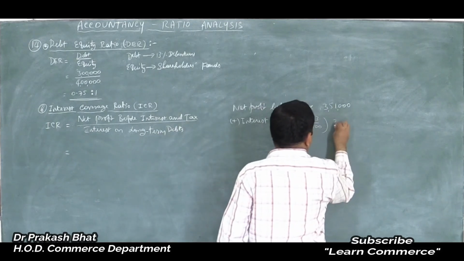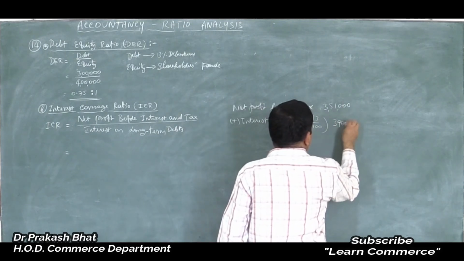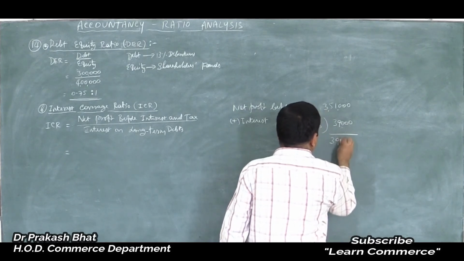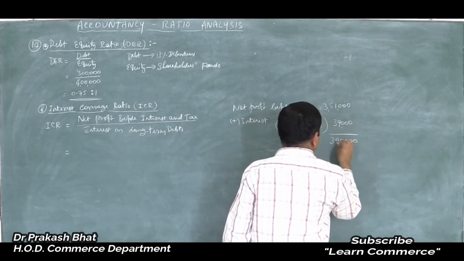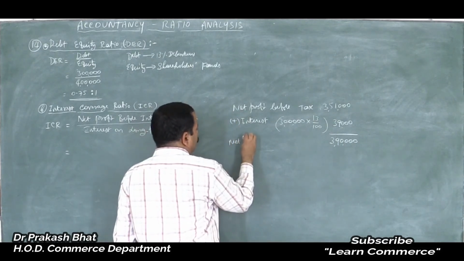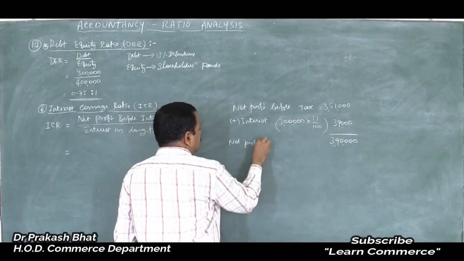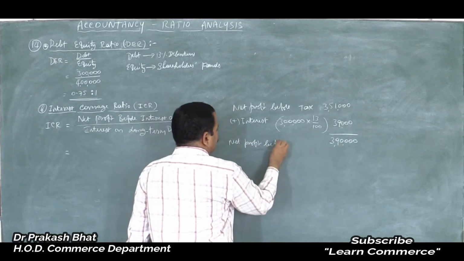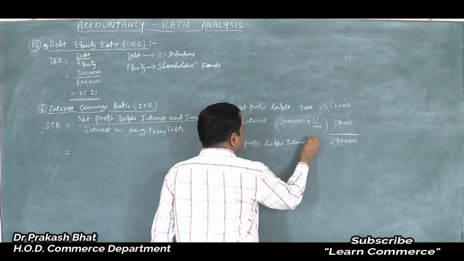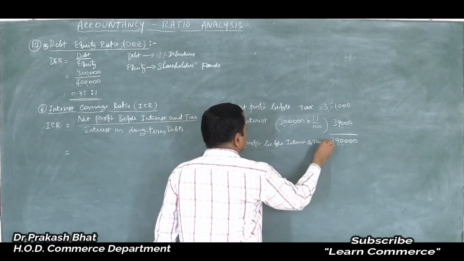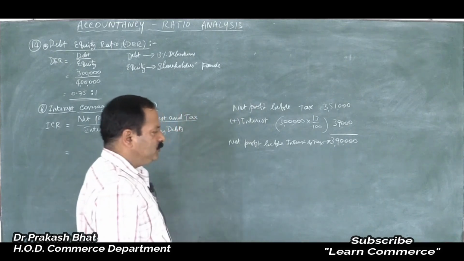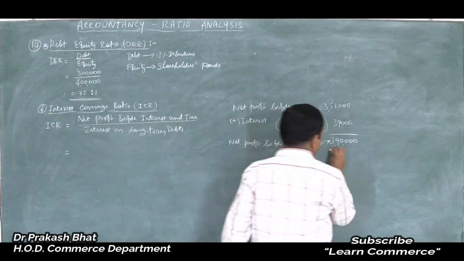So 39,000. If you add it together, then it will become 3,90,000. This is net profit before interest and tax.